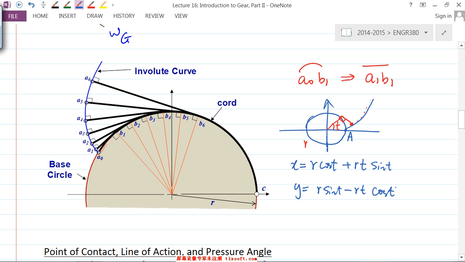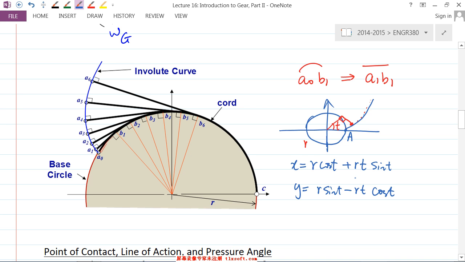It's a parametric equation in terms of the parameter t. You plug in different t, you get a different location on the curve. Okay, is that good? If you want to know how this is derived, in the lecture notes there are pretty detailed derivations. Okay, yeah.